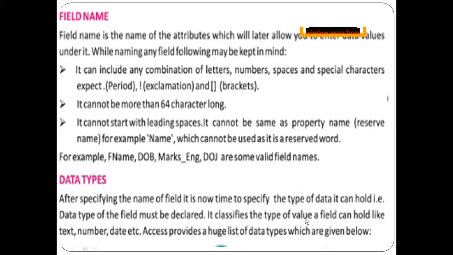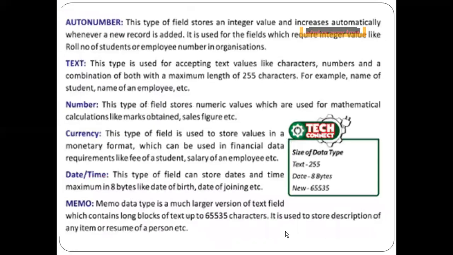It classifies the type of value a field can hold, like text, number, date, etc. So we have got a huge list like this which we are going to use. So what are the different types of data? Now it is very, very important, otherwise you won't be able to design a table. AutoNumber.